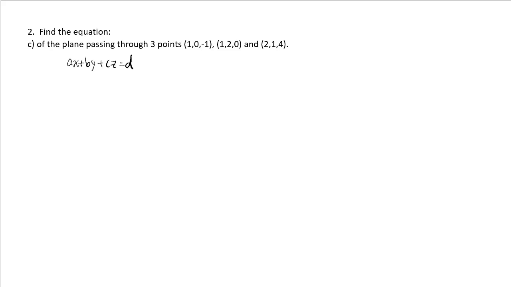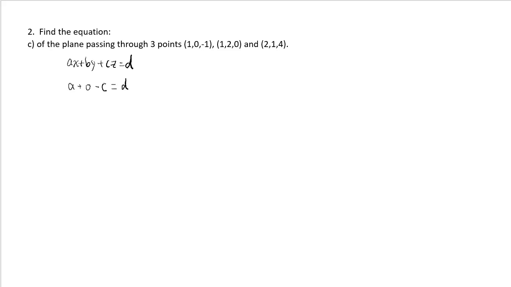For example, 1, 0, negative 1 means a plus 0 minus c equals d. So you get an equation between a, b, c, and d. You plug these in, and you get 3 equations. Now, you should be getting 4 equations if you wanted a, b, c, and d, 4 unknowns, right?